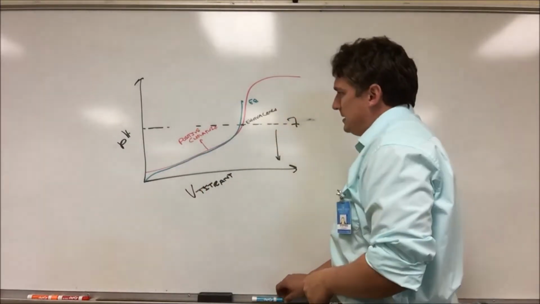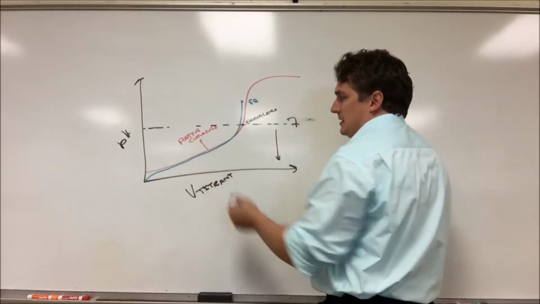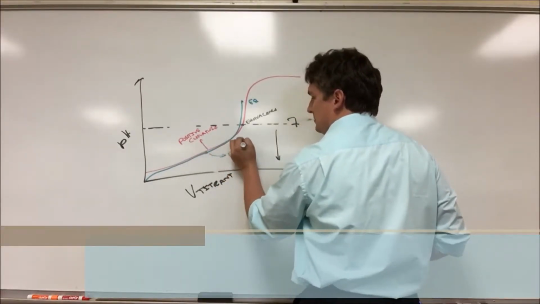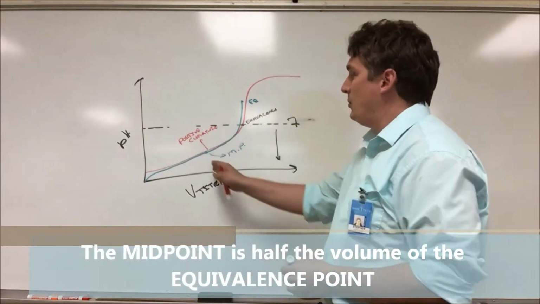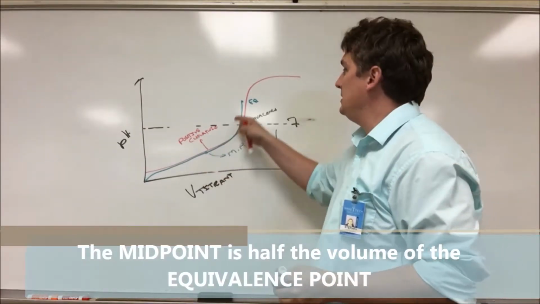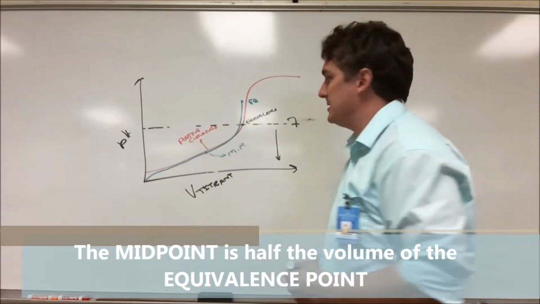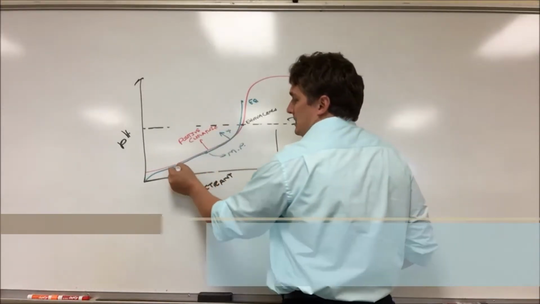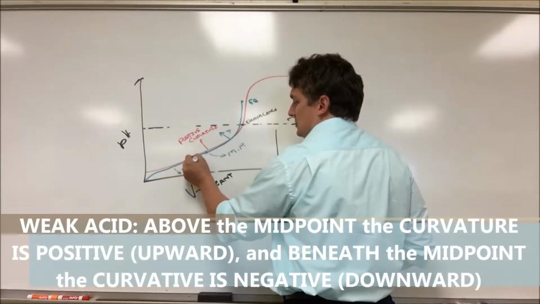For the weak acid, above the midpoint (MP), which is half the distance between the equivalence point and 0 milliliters of base, we have a positive curvature, but beneath the midpoint we actually have a negative curvature.